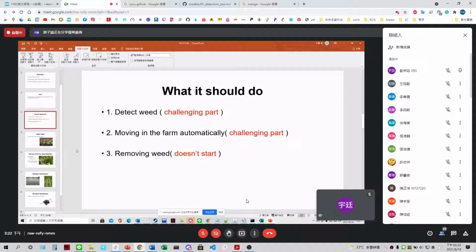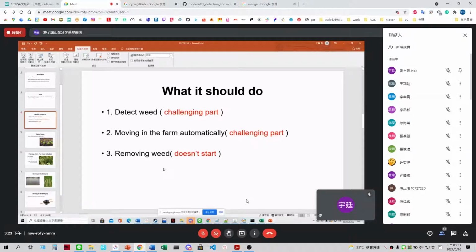Okay, it seems like you have three tasks to do on this page. Are you sure the third one is not challenging? Yes, the third one is challenging too, but if we don't have the first one and the second one, the third one will be useless.